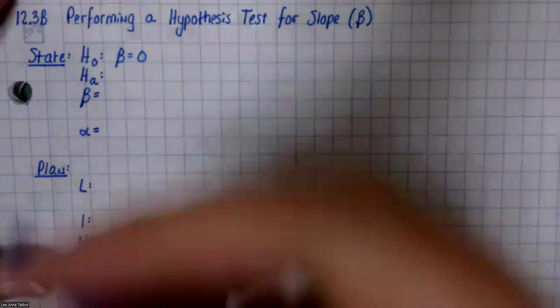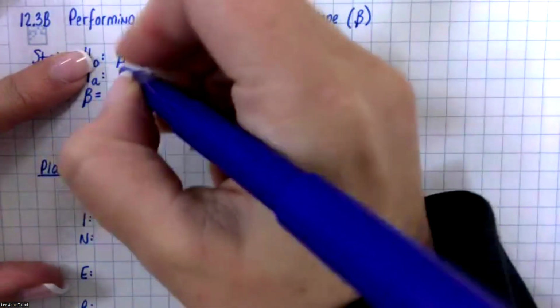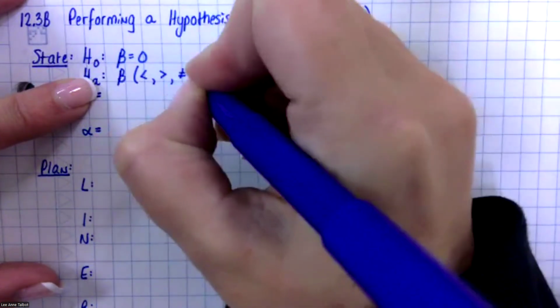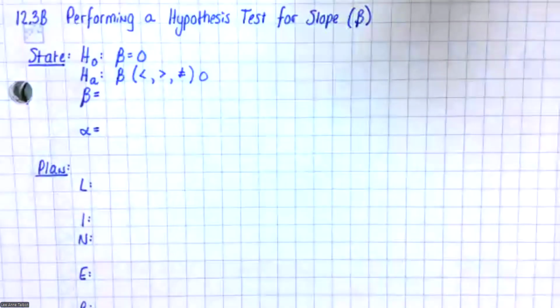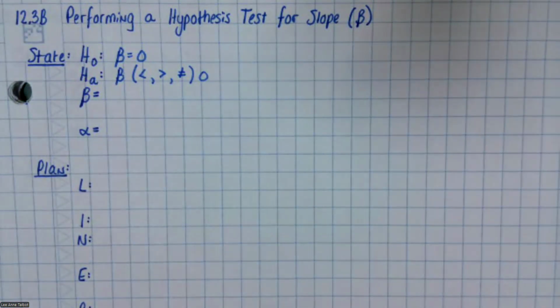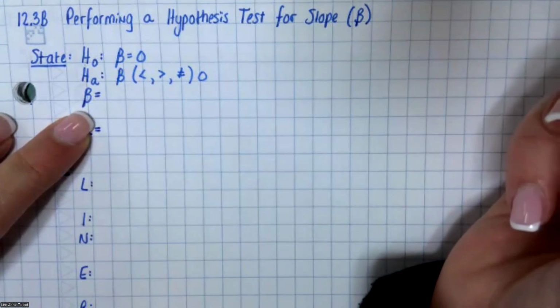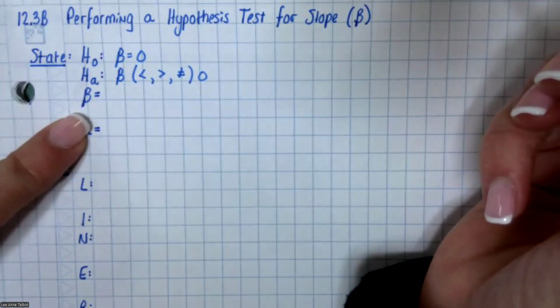And then the alternative is B is less than or greater than or not equal to zero, depending on the wording of the problem. And beta, this is the population slope.